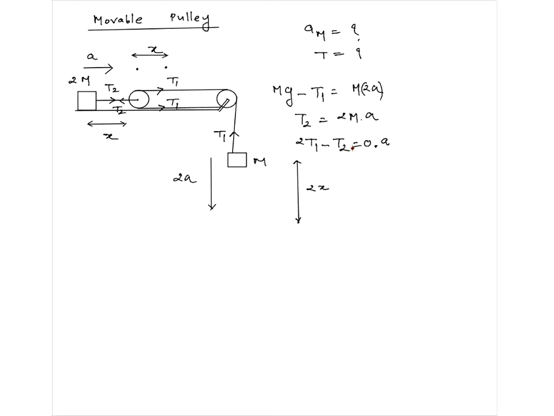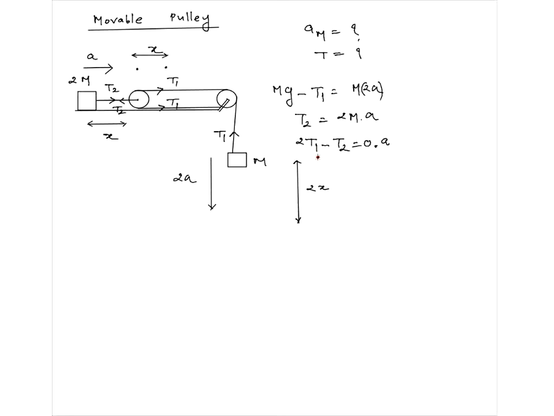So 2T1 minus T2 will be mass times acceleration, which is a, but mass is 0. This will become 0. 3 equations.